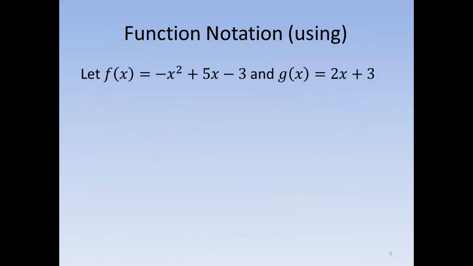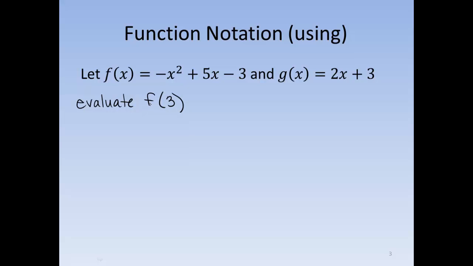So what's it going to look like for you for now? We have two functions here, and we have named them f and g. So we have f of x and g of x. They're two different expressions, so they get two different names. The things we're going to ask you to do is to evaluate something like f of 3.